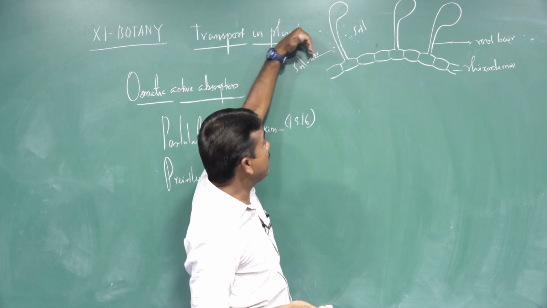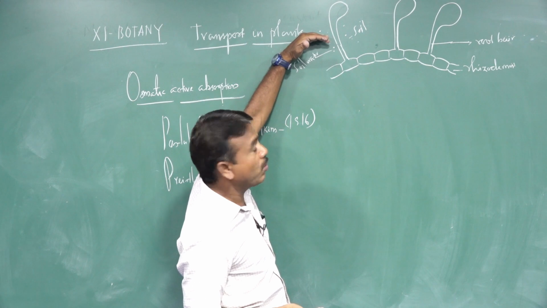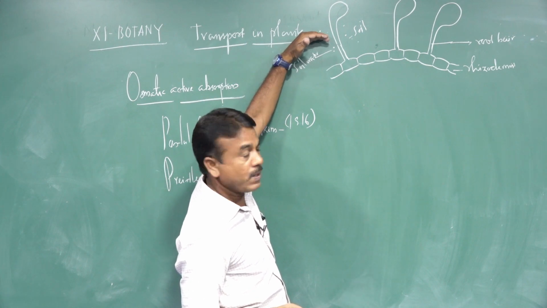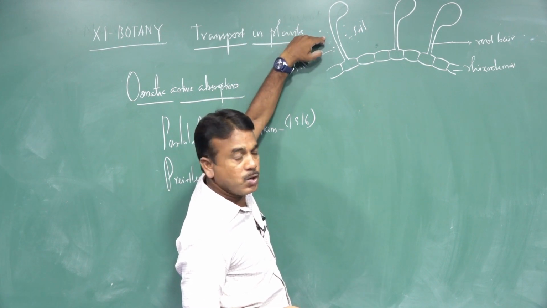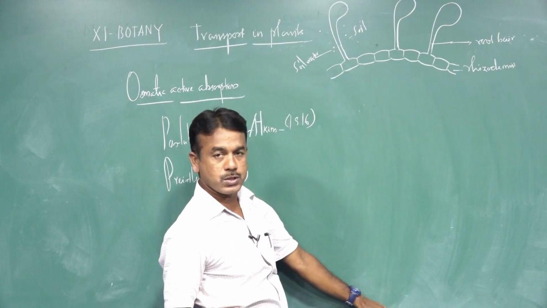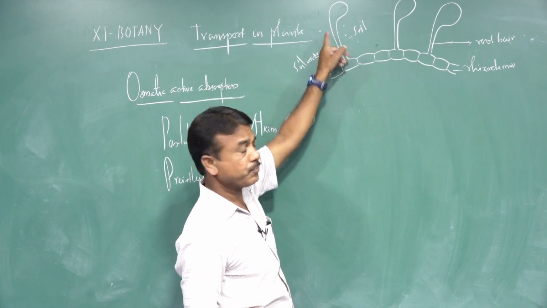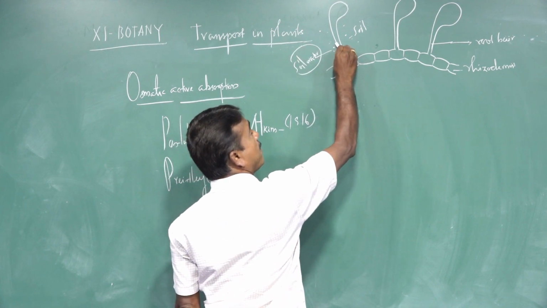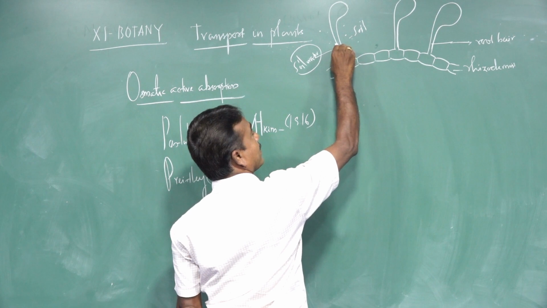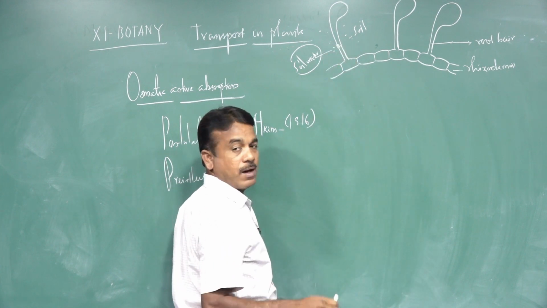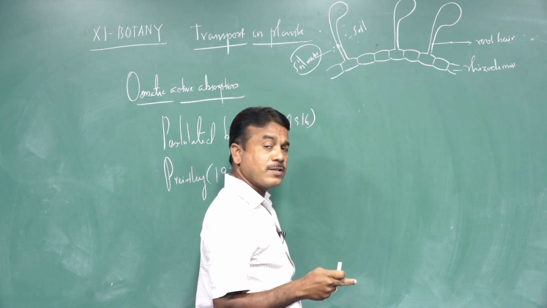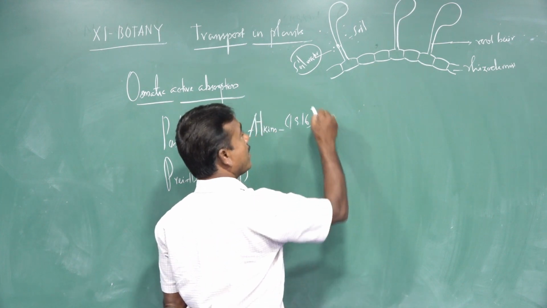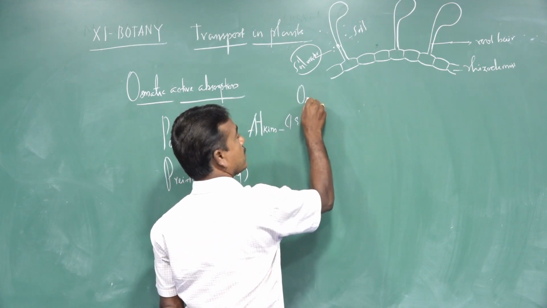On the outer surface, the water molecule concentration is very high, so the water molecules enter the root system through root hair cells. So the water molecules are imbibed by the root hair cells.